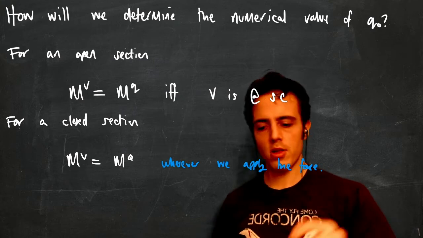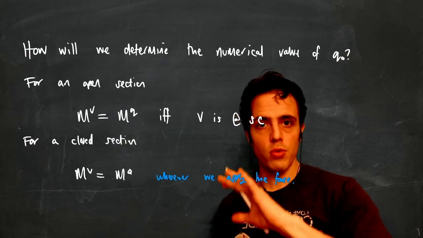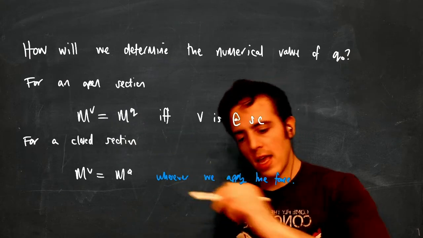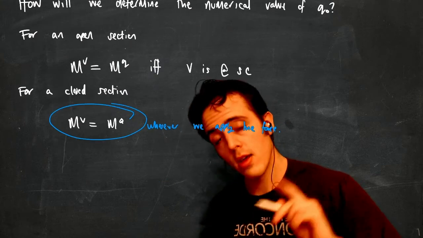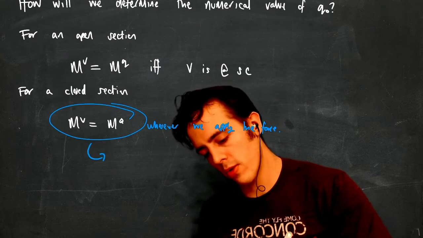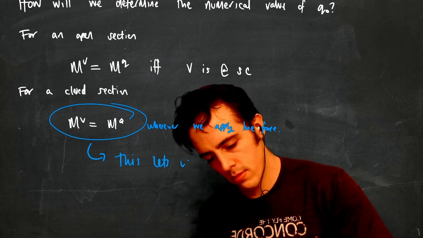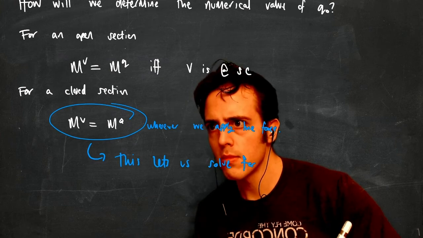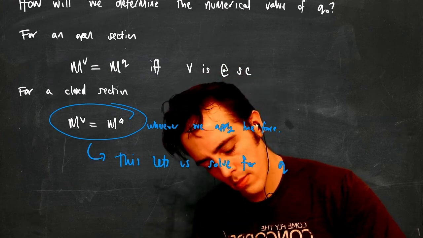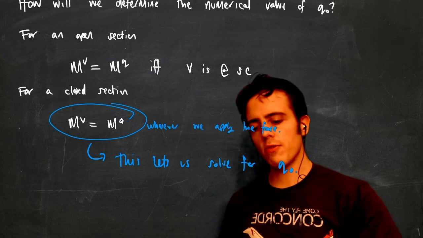So wherever you apply that shear force, that's good. You know that these two are going to be equal, and we can then use this to solve for Q naught. Okay, once we solve for the Q naught, then we're good.